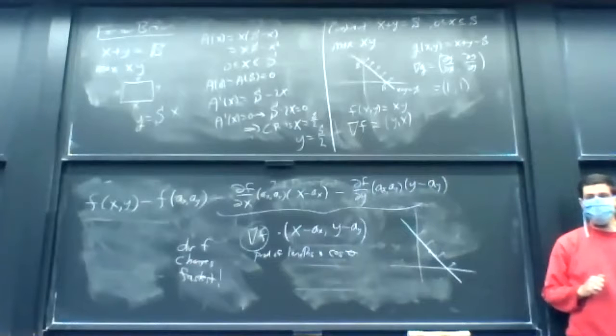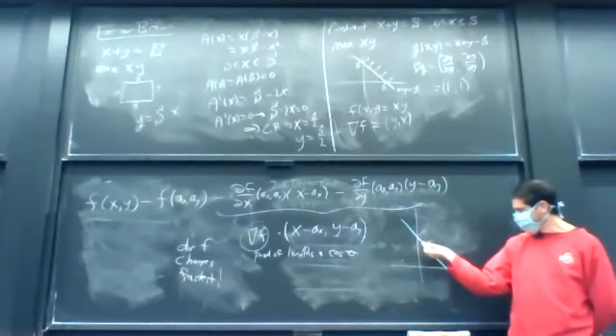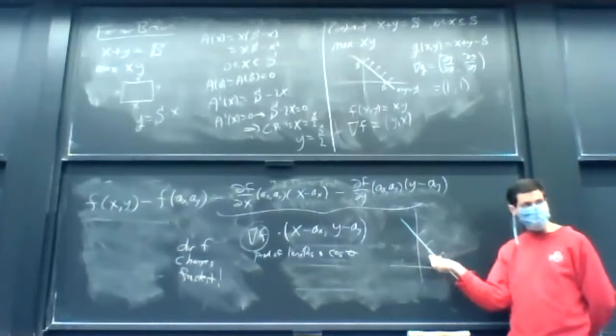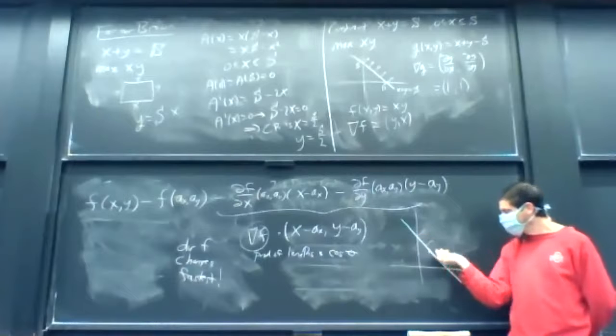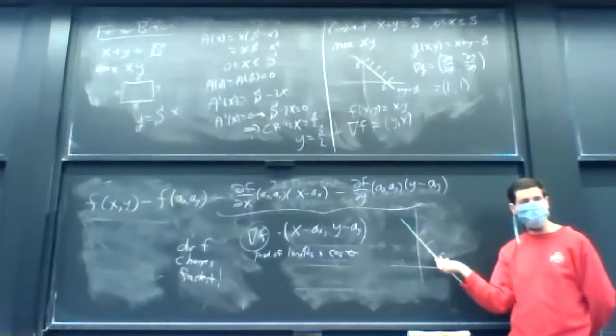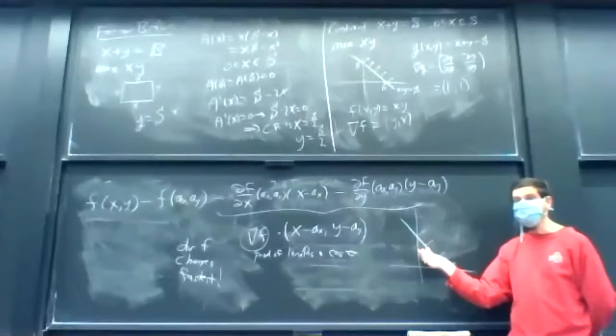Let's look at the gradient of f. We don't want the gradient of f to have any component in the direction we're moving, because if it did, we would see some increase and couldn't be at a maximum. What direction do we need the gradient of f to be? Perpendicular. It's got to be in the same direction as the gradient of g.